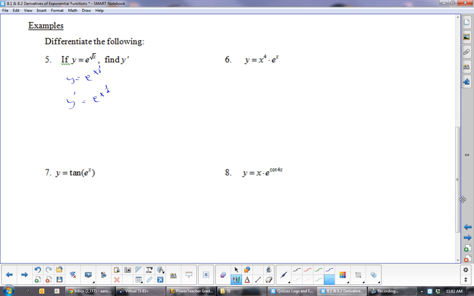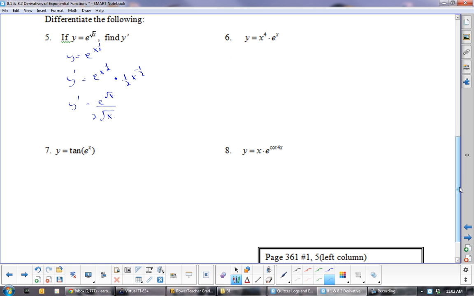And then we do the derivative of the exponent, which is 1/2 x to the negative 1/2, which would give me a final answer of e to the square root x all over 2 square root x. Sorry, that's supposed to be the derivative of the exponent.